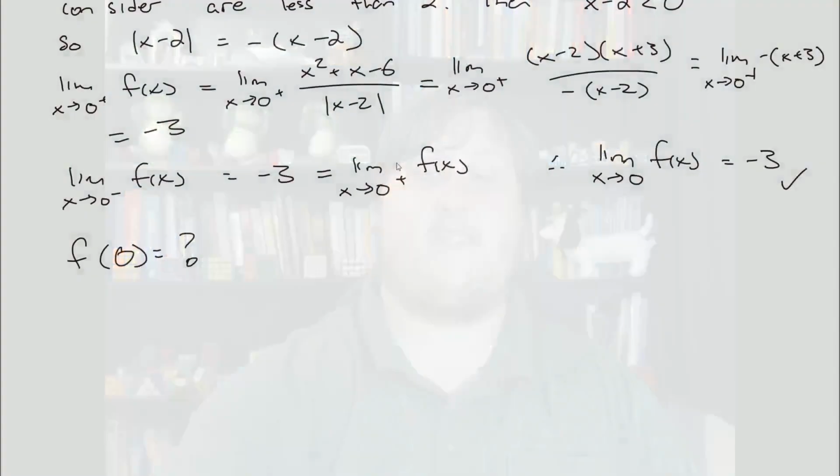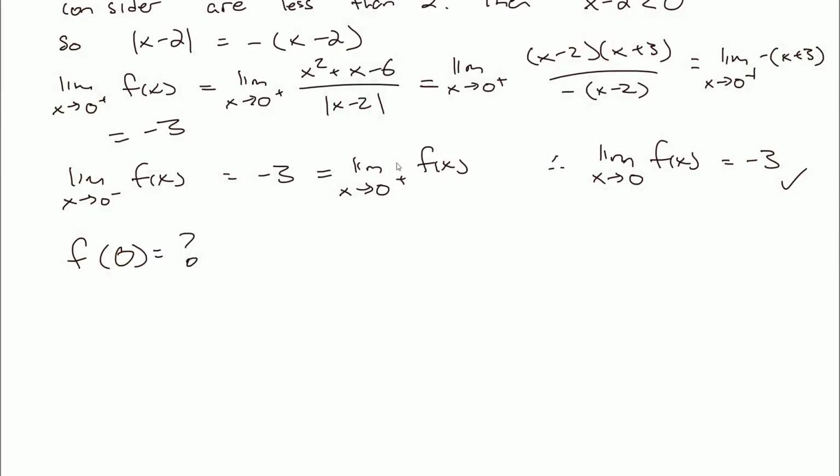A lot of people did some great limits. A lot of people used a two-sided limit when you shouldn't, and you got dinged for marks on that. But so many people never said f at 4 is this, and you lost marks, because continuity is about limits, yes, but it's also about the value of your function f at the specific point. That has to match the limits. If you don't ever talk about f at that point, you're not really going to be considering continuity. So, what is f at 0?